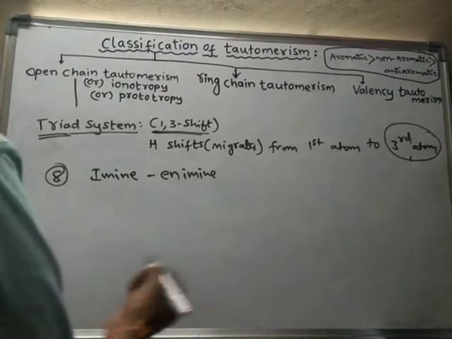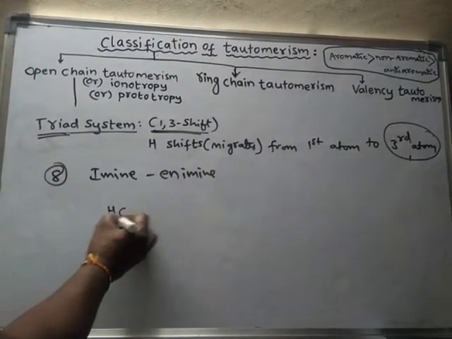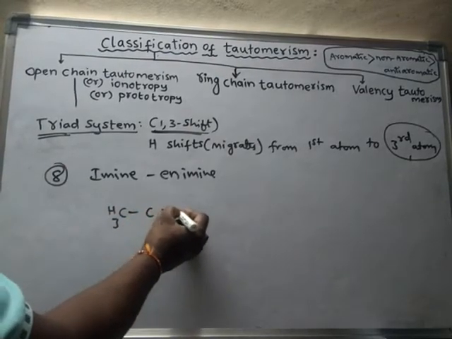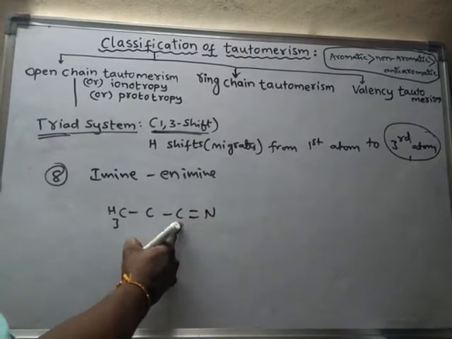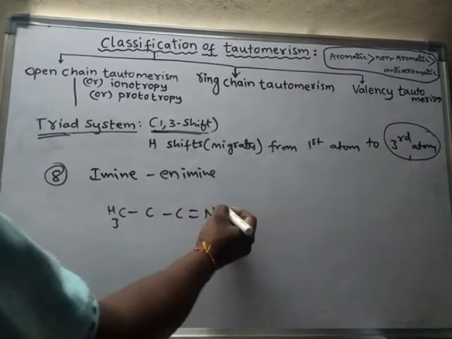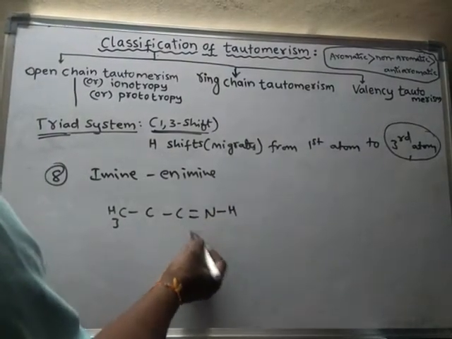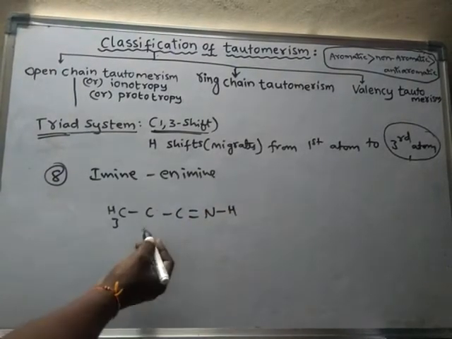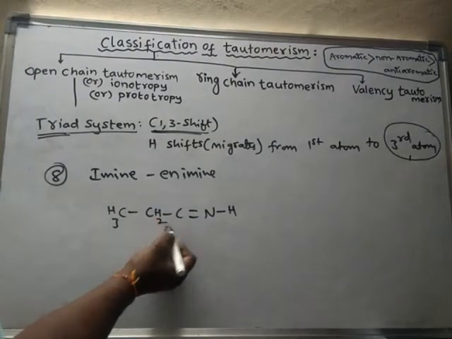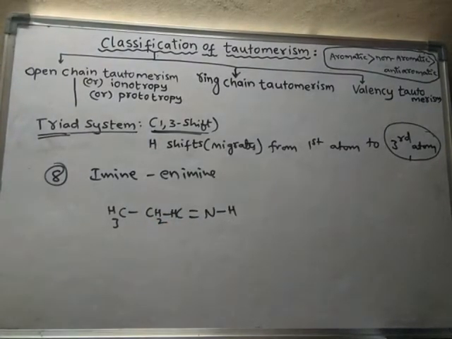Imine means, as we have already seen, if between carbon and nitrogen there is a double bond and this nitrogen is attached to a hydrogen, then it is said to be imine. So this group is said to be imine group. See, here two hydrogens are present, here only one hydrogen is present. So this is imine form.